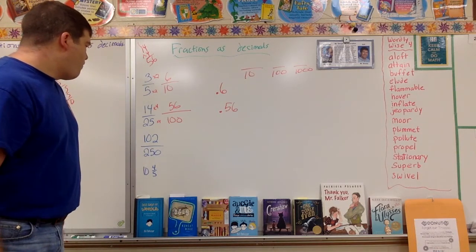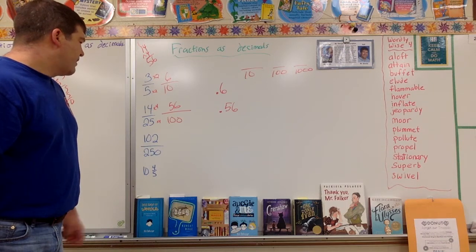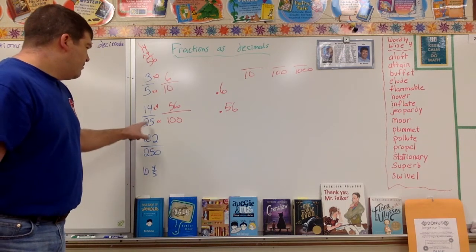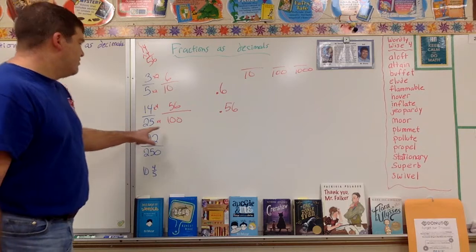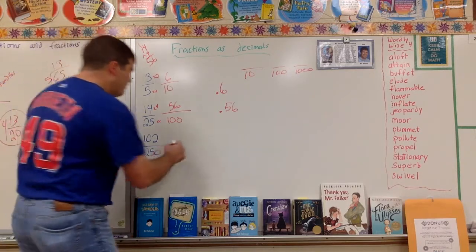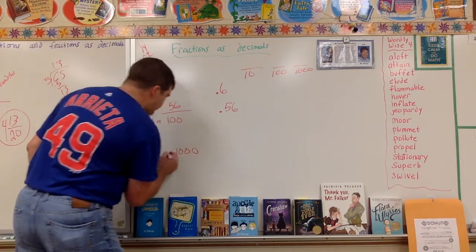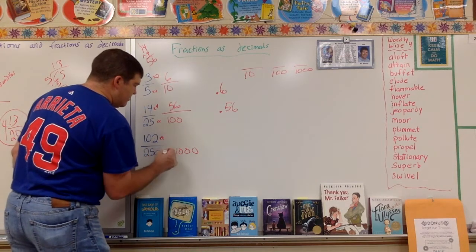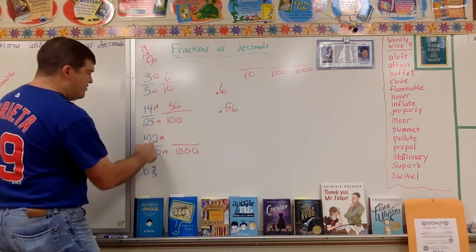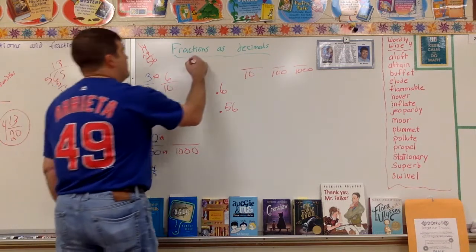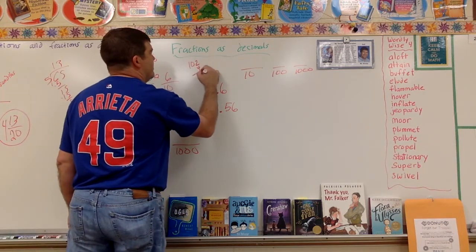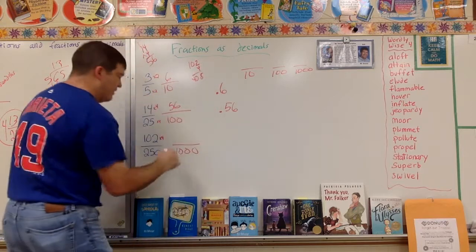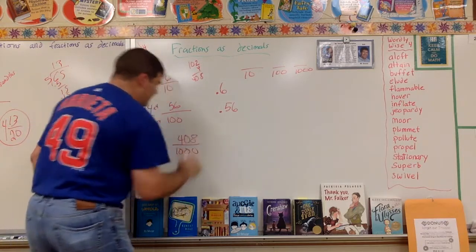Okay, 102/250. Now, I could work to get this down to where it gets to 100 or 1,000. If I would get to 1,000, I know this is going to be times 4. This is going to be times 4. 102 times 4 is 408.